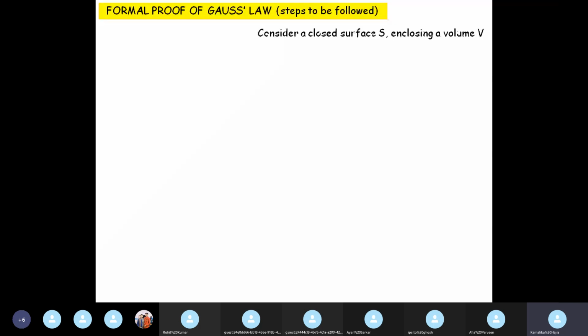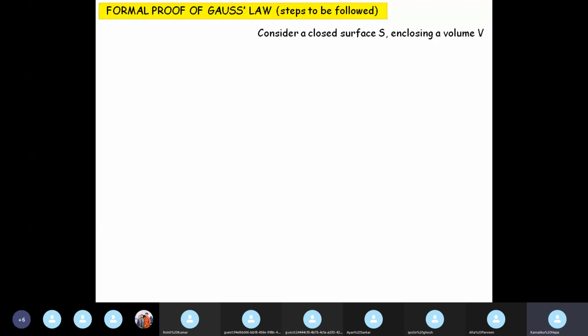Let us consider a closed surface enclosing a volume V. Earlier, in the earlier slide, when we drew the sphere surrounding the charge, it was a regular surface.